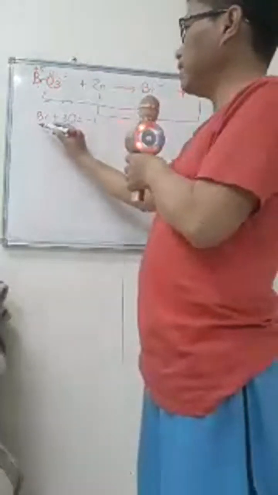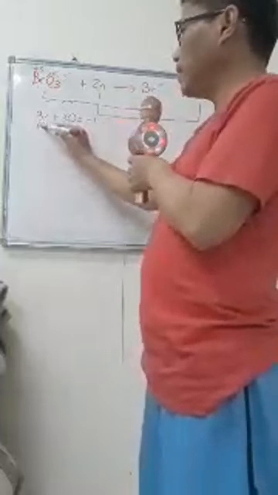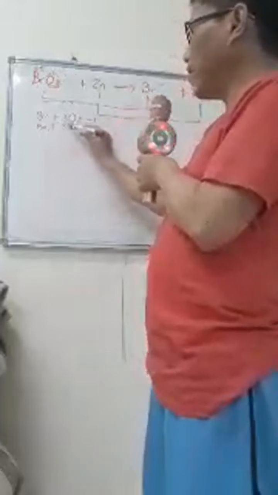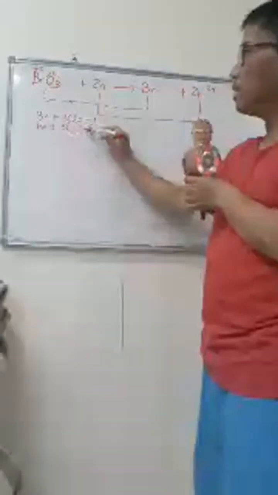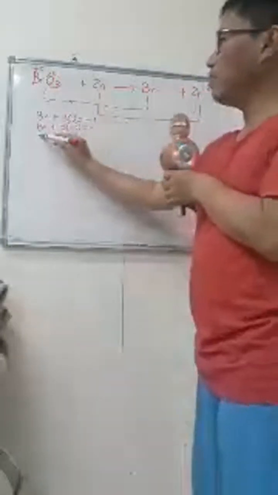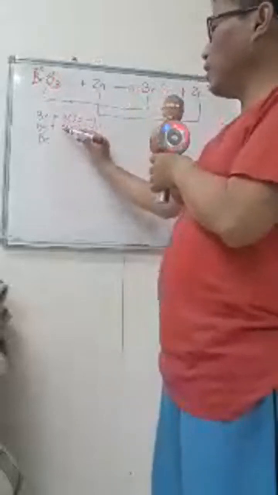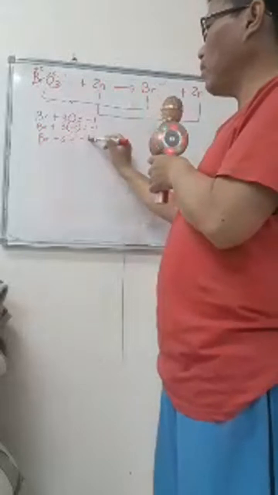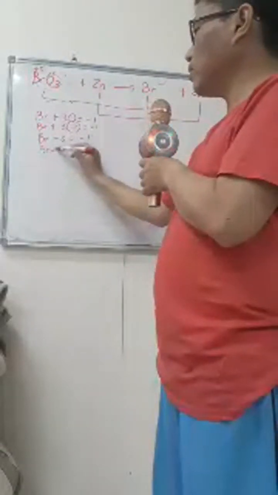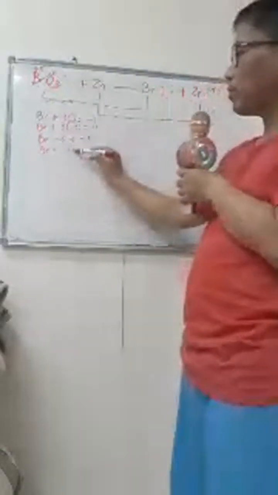So Br plus 3 times the charge of oxygen, negative 2, is equal to negative 1. Br plus negative 6 is equal to negative 1. Br is equal to negative 1 plus 6, transposed to the right.